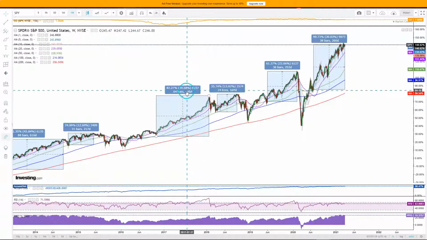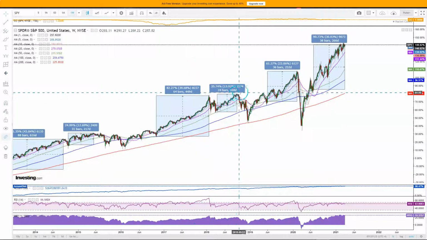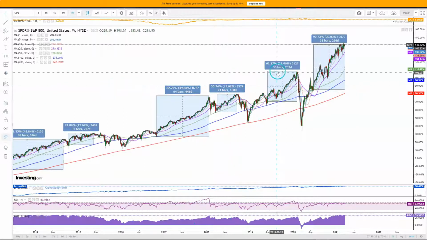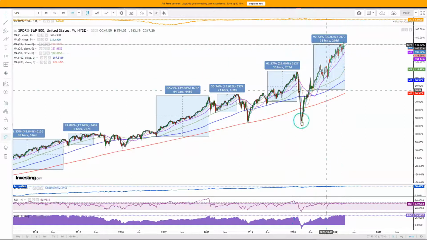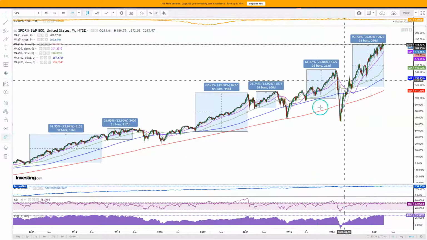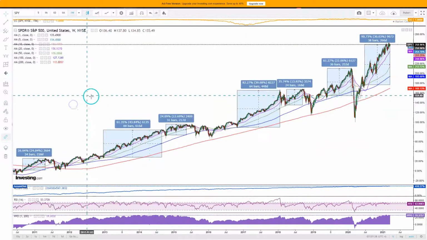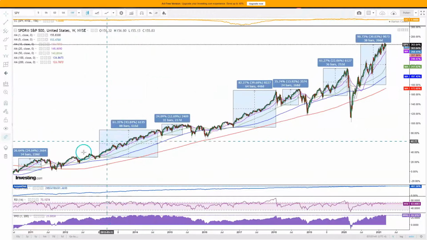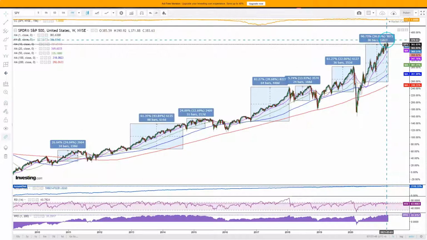Here we got 40%-ish, 448 days, 14%, 252 days, 22%, and in this instance we have 30%, 266 days. So you can see that 30%, compared to some of the prior times, is one of the higher gains we have seen since the bottom of that bear market.